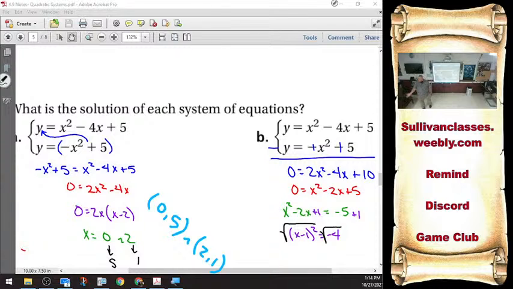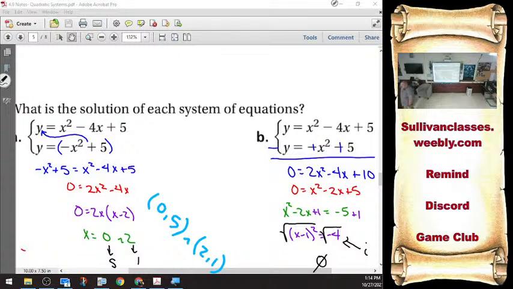There is no place that these two parabolas will cross. As soon as I hit i, it's not real anymore. So there are no real solutions.